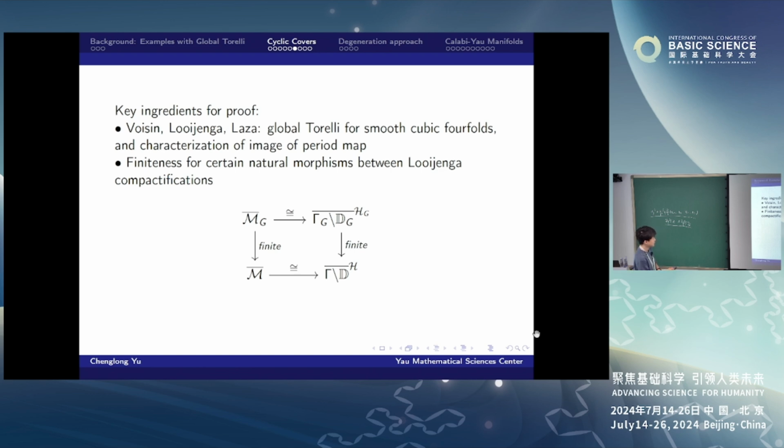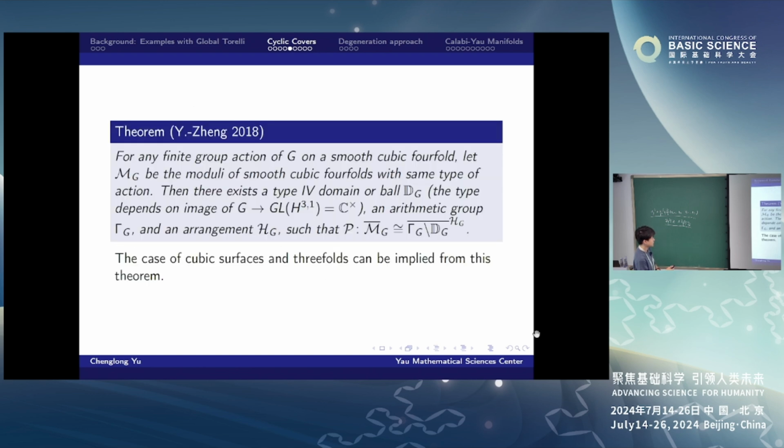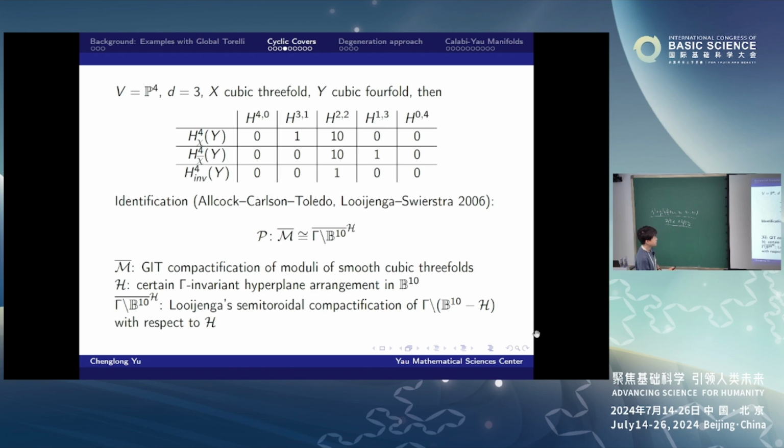So in this case, for example, let's look at the previous example for cubic threefolds. If you consider all the cubic fourfolds, then the GIT action is actually by a general linear group of dimension 6, and for cubic threefolds it is a general linear group of dimension 5.